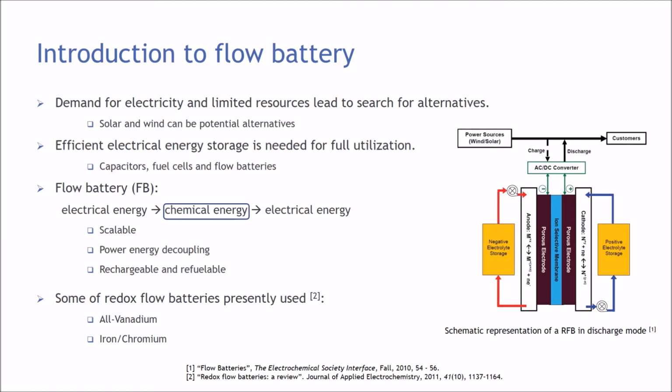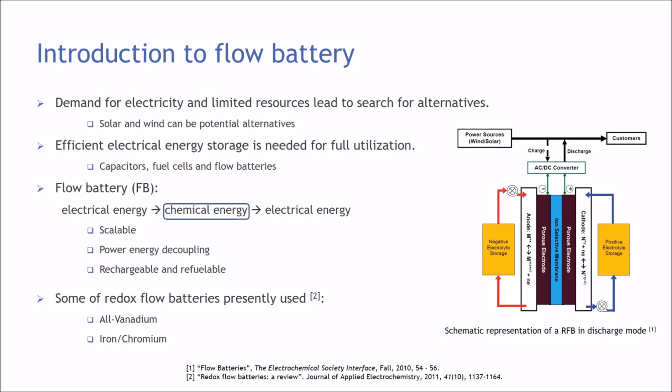So how different are flow batteries from secondary batteries, which we use in daily life? In flow batteries, energy is stored in electrolytes which are pumped from outside, whereas in secondary batteries, electrolyte and electrode are packed together, which means energy power decoupling is not possible in secondary batteries but can be easily done in flow batteries.